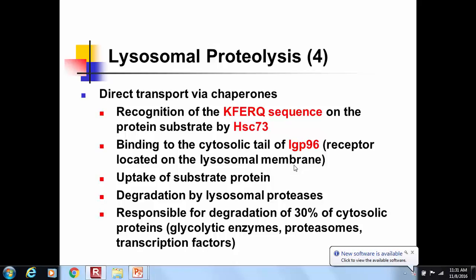I think that we finished these three mechanisms, right? Vesicle fusion, microautophagy, and macroautophagy.